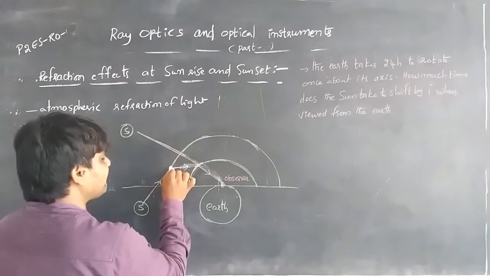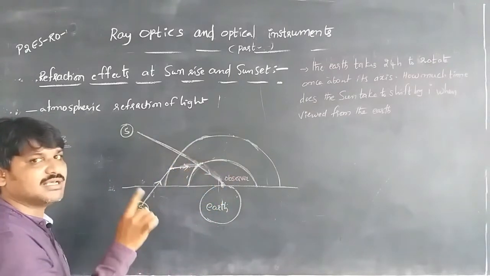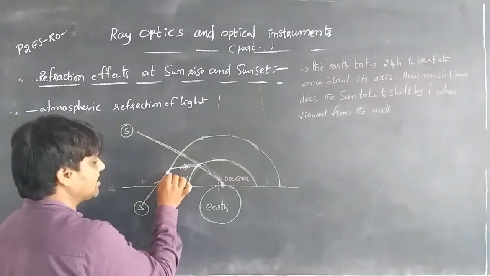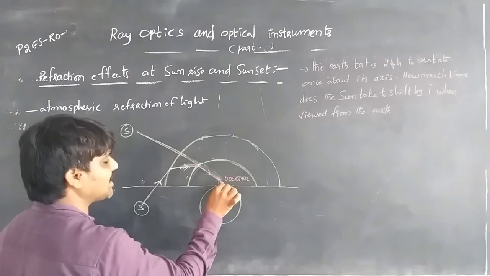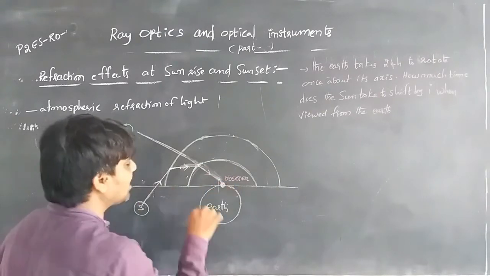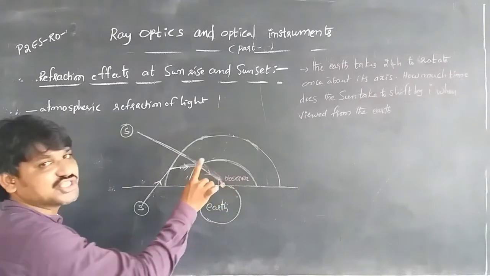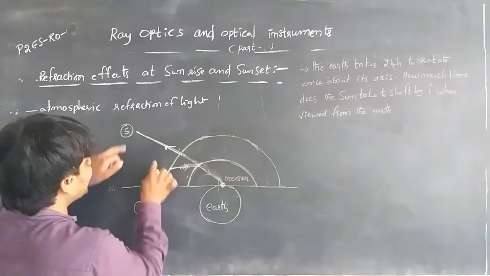Refraction happens in each layer, because density is more at the earth surface. So the rays move towards the normal and reach the observer, but the observer sees the apparent position of the sun. This is the apparent position of the sun.